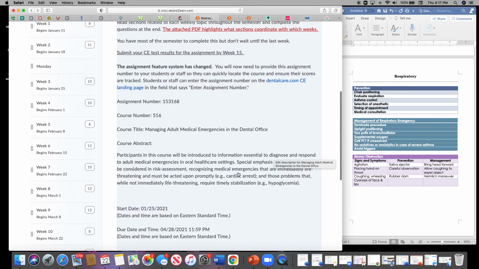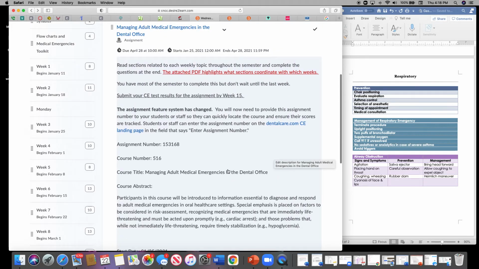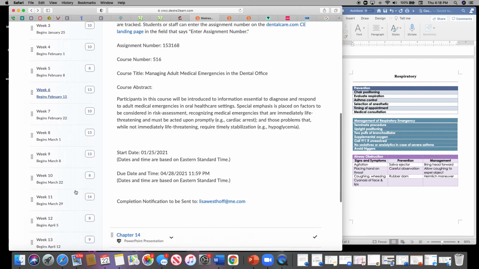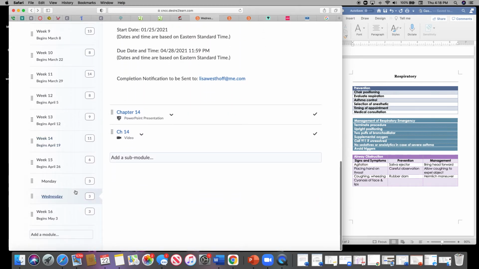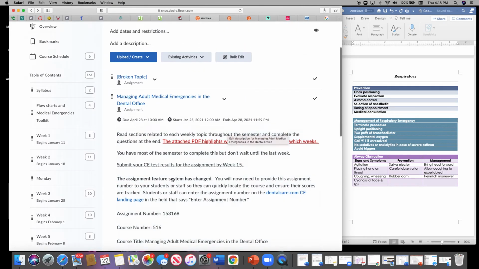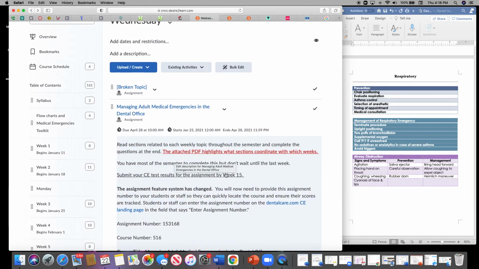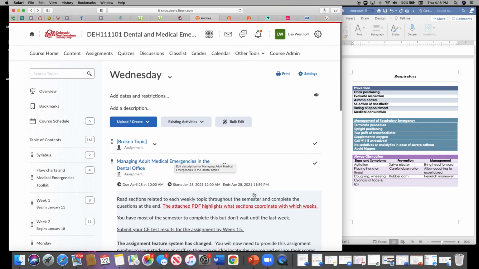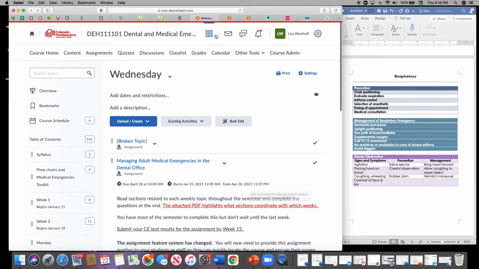It is due by the 28th, which is Wednesday. You have this to finish up instead of a flow chart. But make sure that you read chapter 14 because you are going to have a test on that.